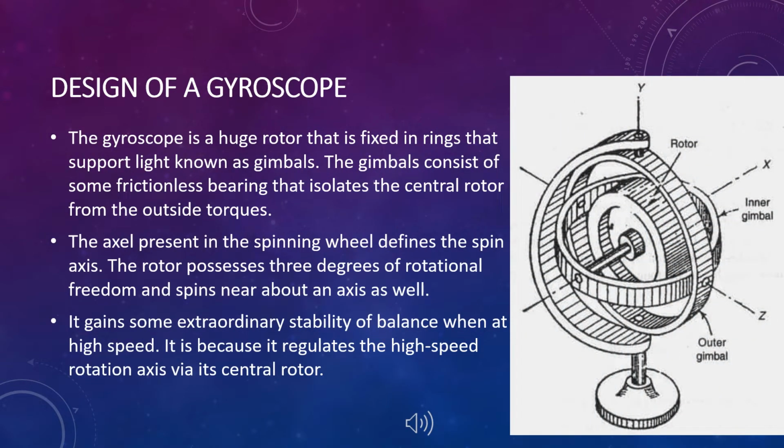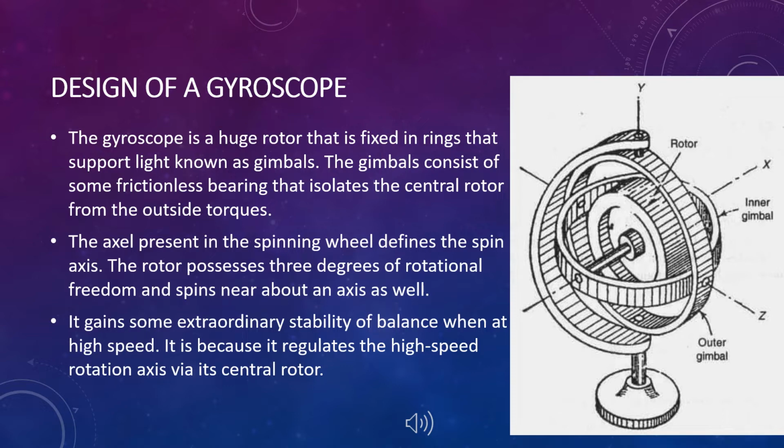Design of a gyroscope. The gyroscope is a rotor that is fixed in rings, known as gimbals. The gimbals consist of some frictionless bearings that isolate the central rotor from the outside circuits. The axle in the spinning wheel defines the spin axis.